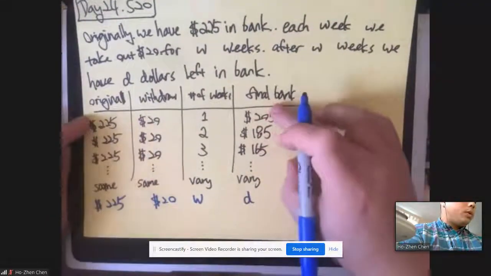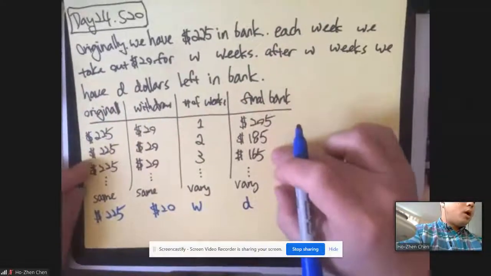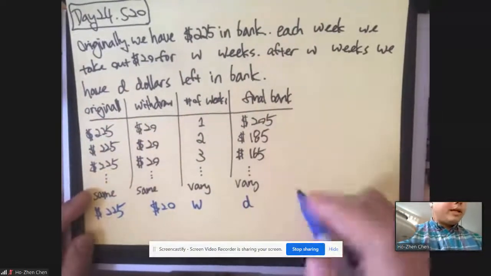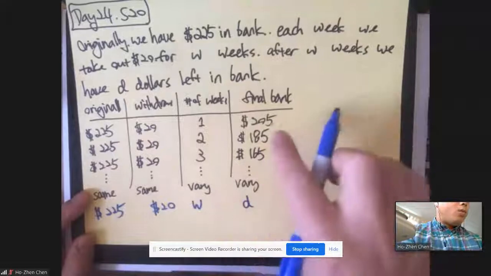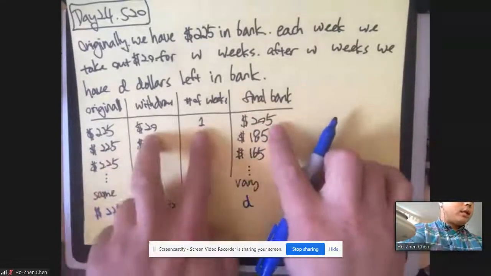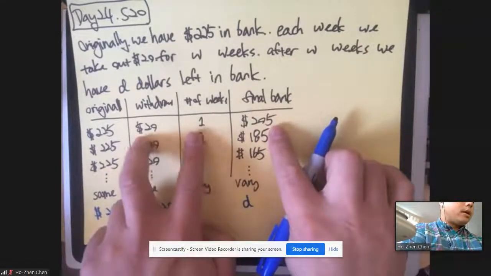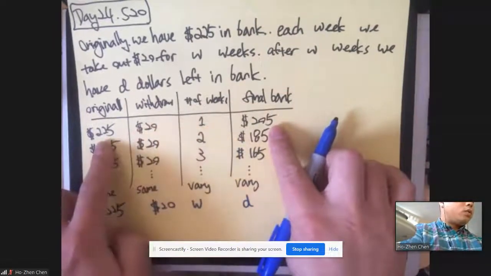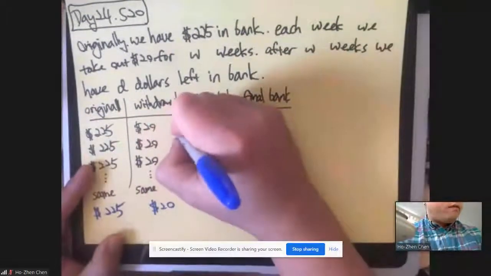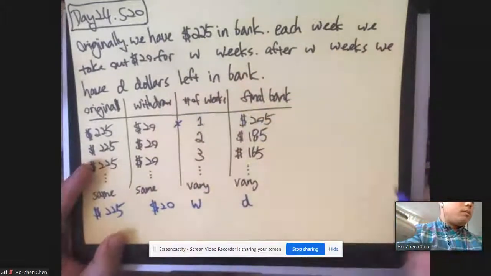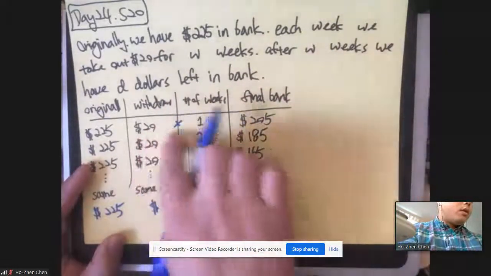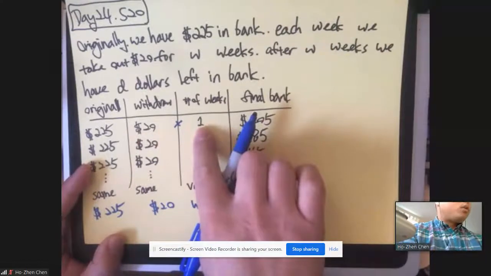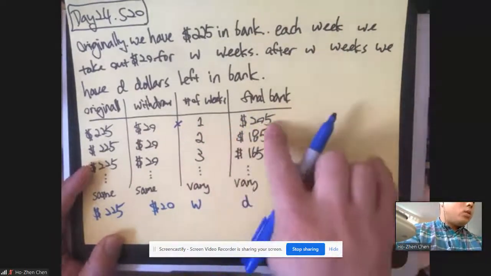If you want to explore the relationship between all these rows, you'll realize that in week 1 we took $20 multiplied by 1 out of 225. Within these two numbers is a relationship of multiplication.